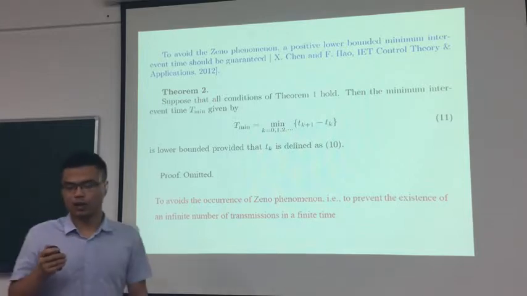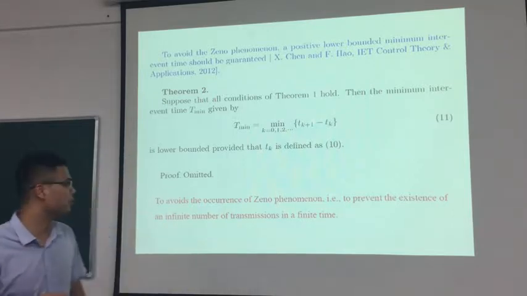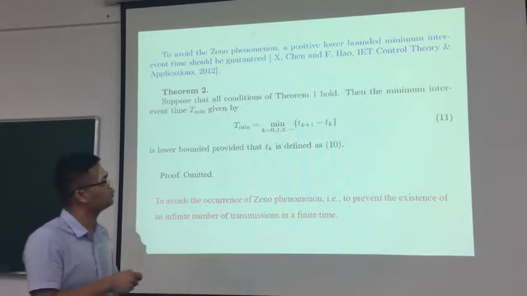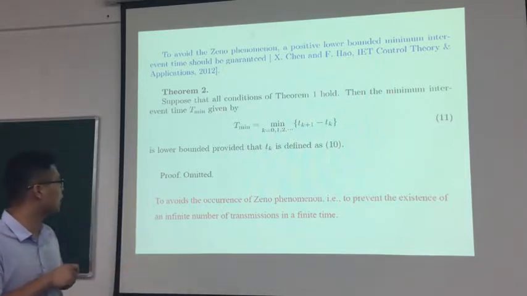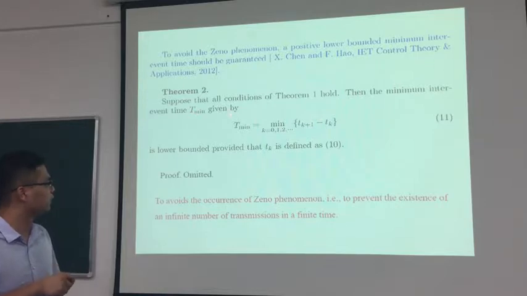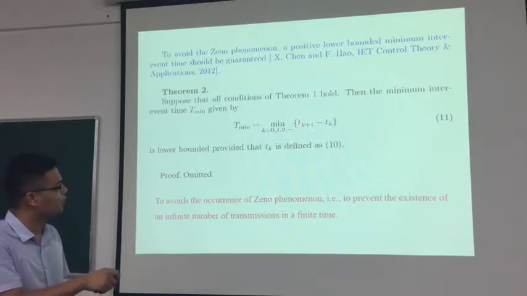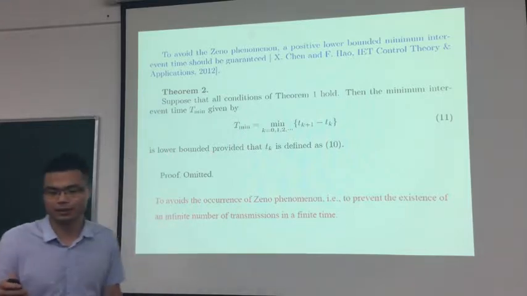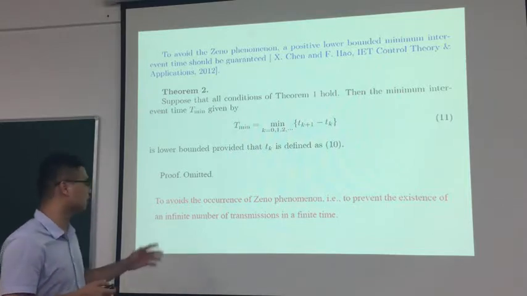So then we obtain our second main result. Suppose that our condition of Theorem 1 holds, then the minimum inter-event time t_min, given like this, between two event times should be lower bounded, provided that tk is defined as in equation 10. Okay, we omit the detailed proof too.